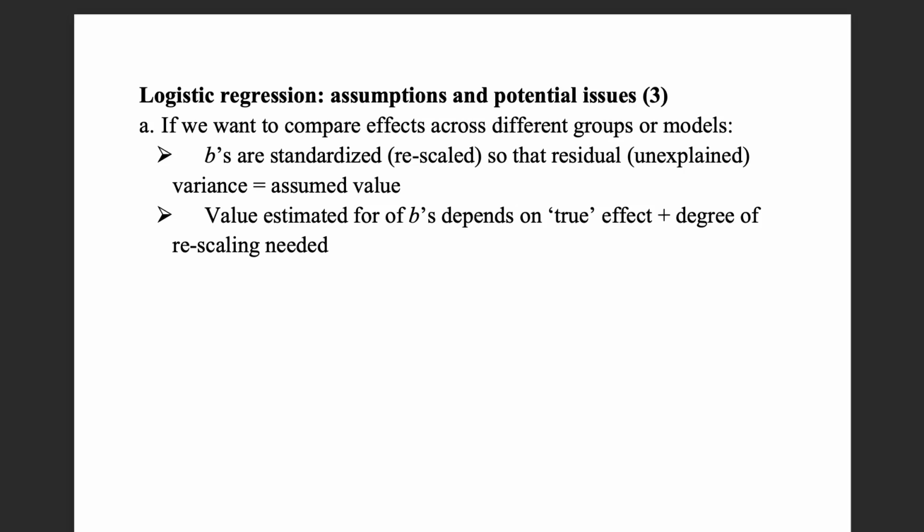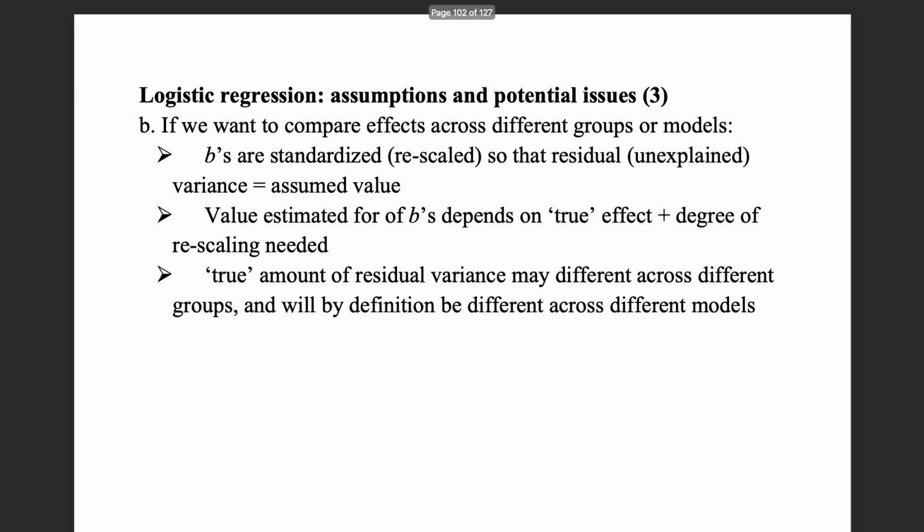Yeah, so our regression coefficients basically now capture two different things: the true effect, but also how much rescaling was needed to make sure that the unexplained variance takes the value that we assume it to have. And of course, the true amount of residual variance, so how good our model is at predicting the outcome, can be different across different groups in our data set.